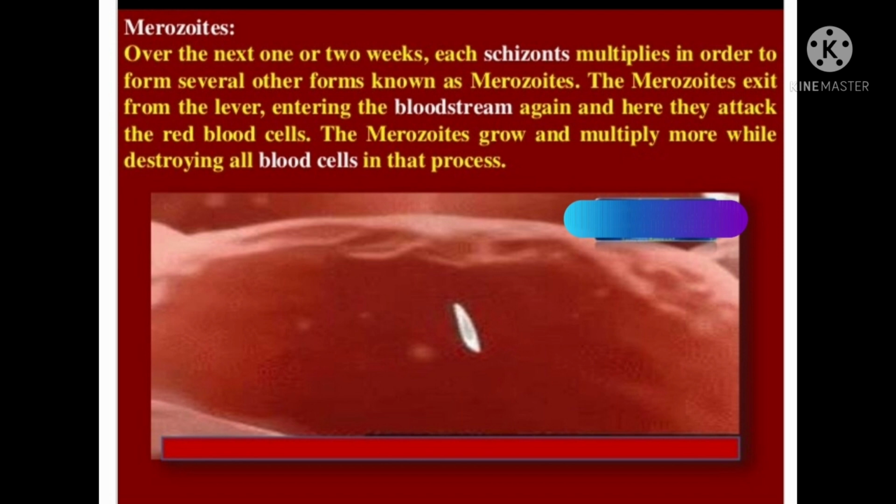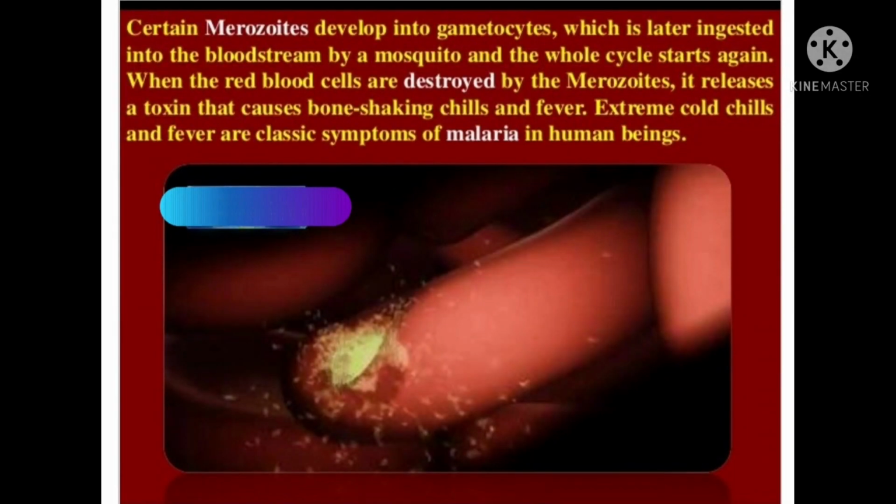I think all of you are getting onto this. The red blood cells are the part where they mainly try to attack. The merozoites grow and multiply more while destroying blood cells in that process, and that's one of the major reasons why people become weak during this particular time.